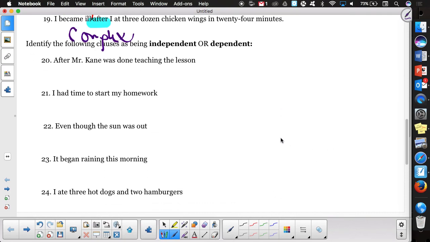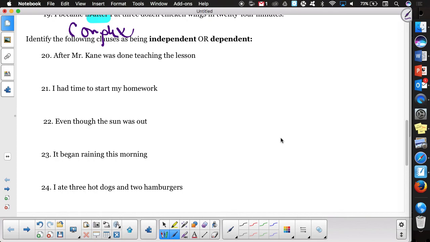All right, so here we're not saying sentences, we're going clauses. Are these independent, where it could be a sentence on its own, or is it dependent, where it would still need help? So, after Mr. Kane was done teaching the lesson. Independent. Yeah, but we've got to think of this not as if I were answering something verbally.